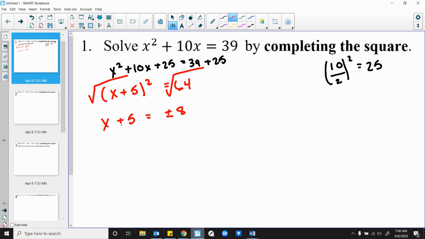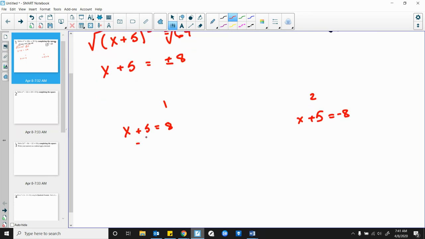From here, there are two cases. Case 1 is x plus 5 equals 8, and case 2 is x plus 5 equals negative 8. Nope, I wrote 8 there by accident. Then, to finish that up, we're just going to solve each one.